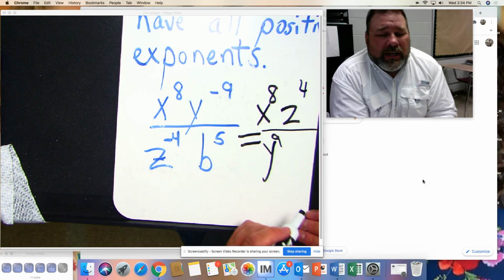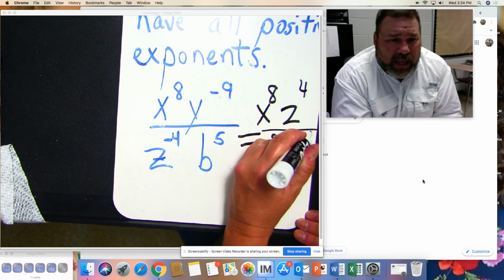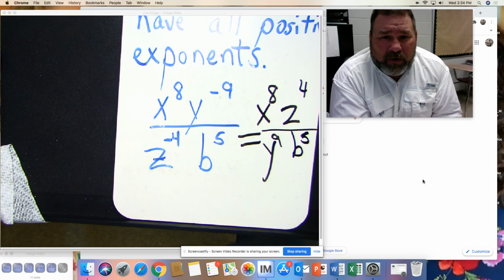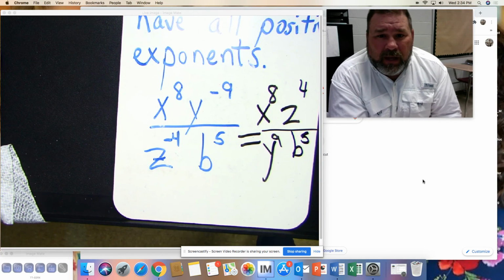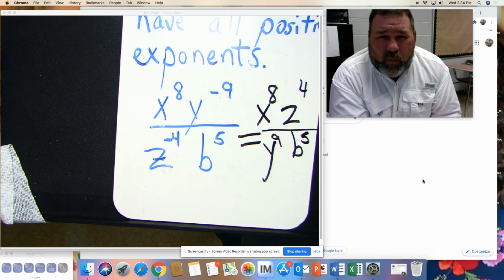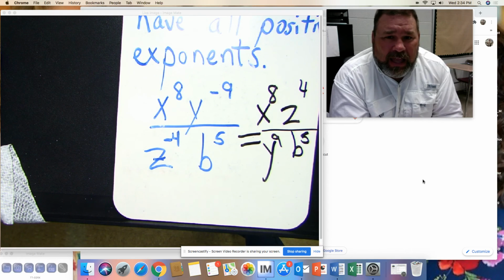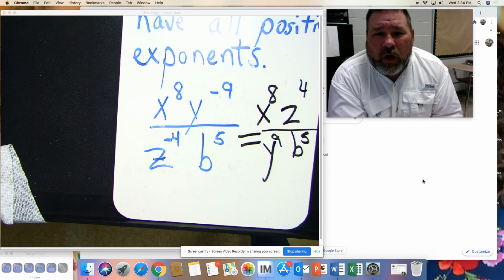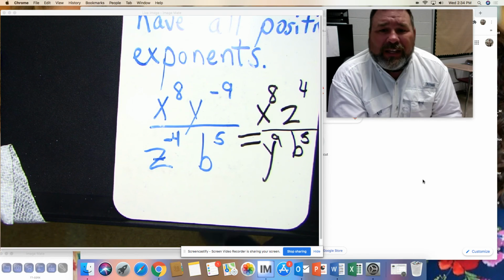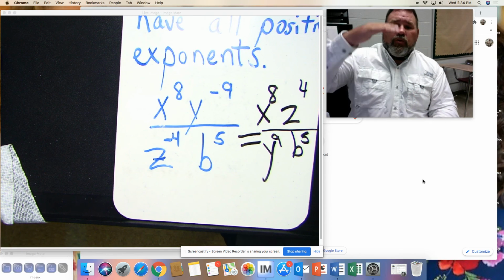What Miss Powell's trying to get us to see here is that we can't leave negative exponents in any problem, okay? When we rewrite it or simplify, is what it might say. I think that's what your directions say there. Simplify means to get rid of all negative exponents. And so to get rid of negative exponents, you move them.